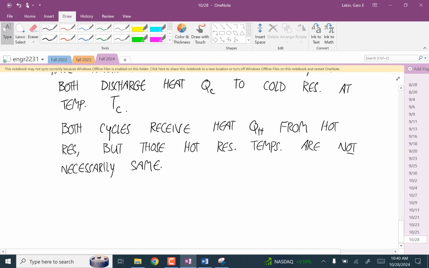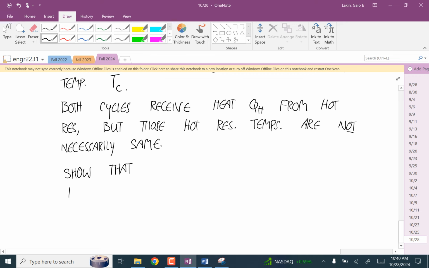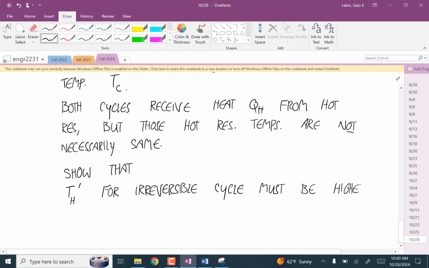And what we want to do is show that the temperature TH prime for the irreversible cycle must be higher than the TH for the reversible cycle.